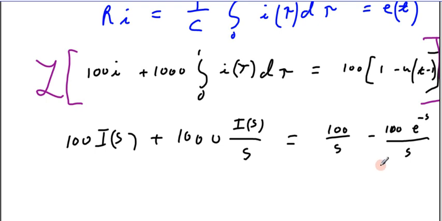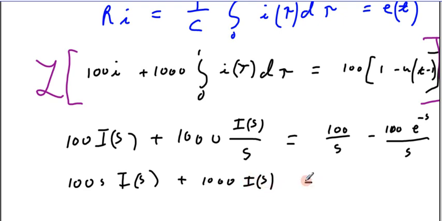I'm going to multiply everything through by s, so I get s off the bottom, and I get 100 s I(s) plus 1000 I(s) is equal to 100 minus 100 e to the minus s.